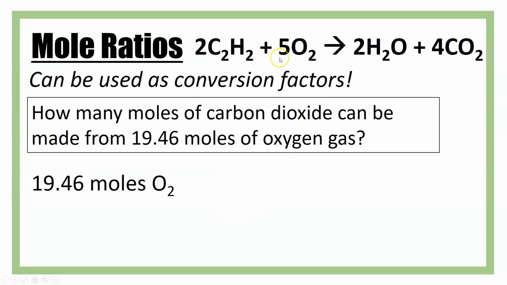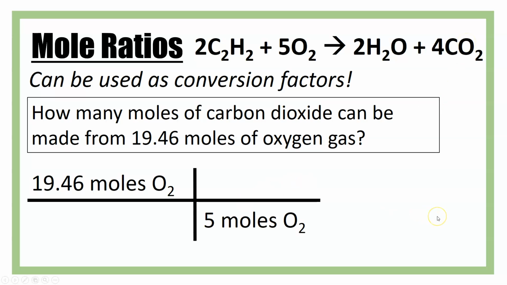So let's look at our balanced equation, and we see that there are 5 moles of oxygen for every 4 moles of carbon dioxide. That becomes my conversion factor. 5 moles of oxygen, 4 moles of carbon dioxide. The moles cancel.